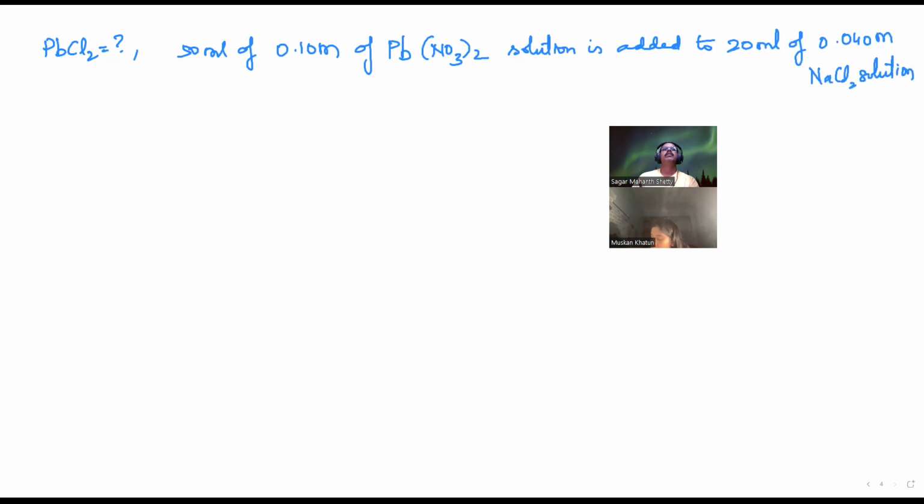Give the Ksp value of lead chloride. Why am I giving you sodium chloride? It has to be lead chloride. It's equal to 1.2 times 10 to the power of minus 5.